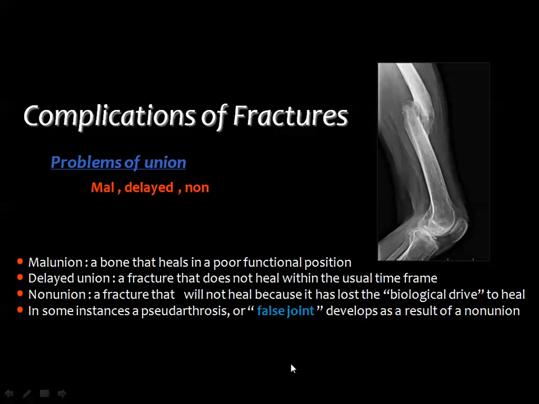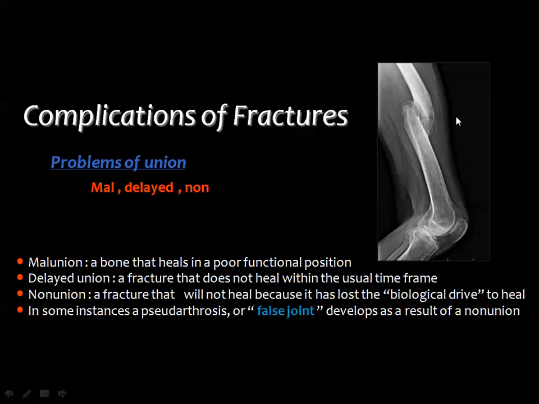Then we come to an important issue, which is the complications of fractures. And you know that the major complications belong to the union. We may have malunion, delayed union, and non-union. And then sometimes there may be a pseudoarthrosis or false joint developing as a result of a non-union.